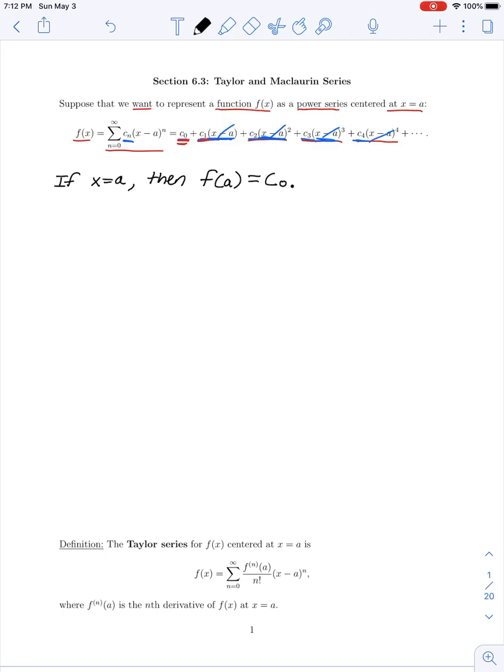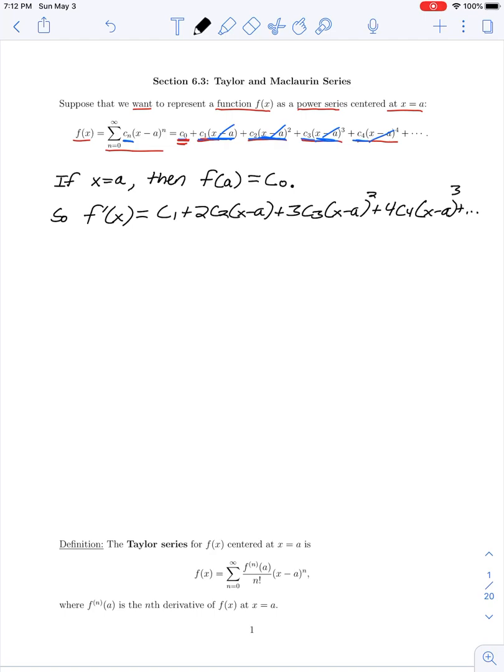So if we want to find our next coefficient, c1, well, we could differentiate our function f of x. We have f prime of x would then be c1 plus 2c2 times x minus a to the first power plus 3c3 x minus a squared plus 4c4 x minus a cubed, and so on.